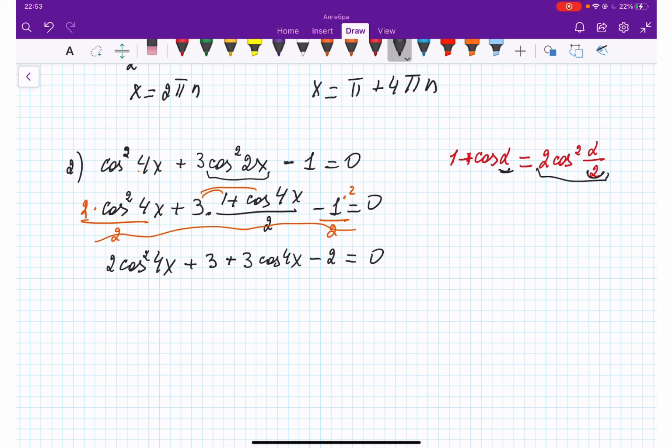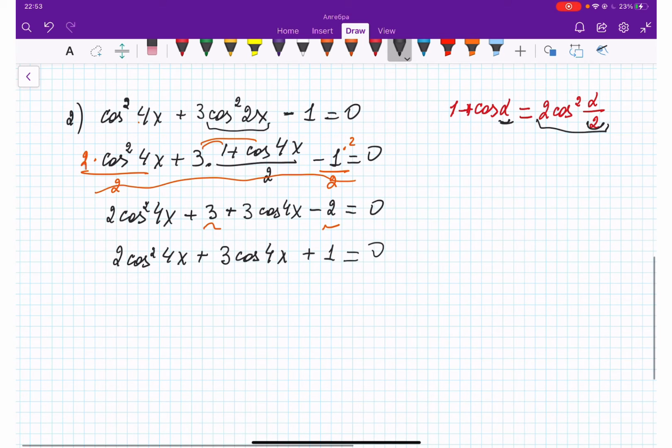Okay, so from here I'm going to combine like terms, 3 and negative 2, and I'm getting 2 cosine squared 4x plus 3 cosine 4x plus 1 equals 0.